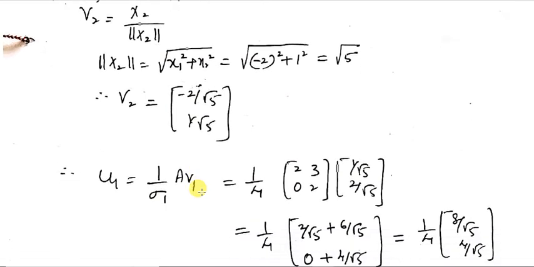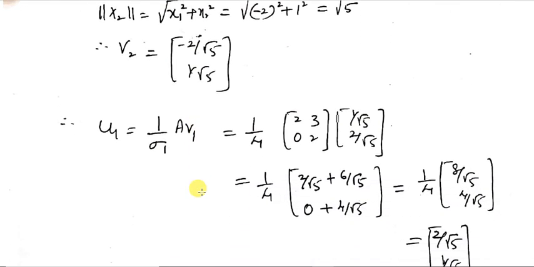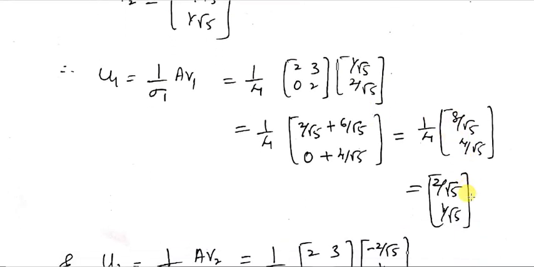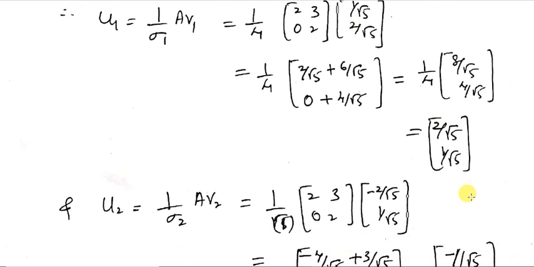With respect to v1 and v2, let us compute u1 and u2. So, u1 is 1 by sigma 1 A v1. Substituting all the values and the matrices, we get 1 by 4 into matrix A, [2, 3; 0, 2], into the normalized vector v1, (1 by root 5, 2 by root 5). See, product of two matrices gives a single column matrix, that is 1 by 4 into (8 by root 5, 4 by root 5), which simplifies to (2 by root 5, 1 by root 5), a column matrix.